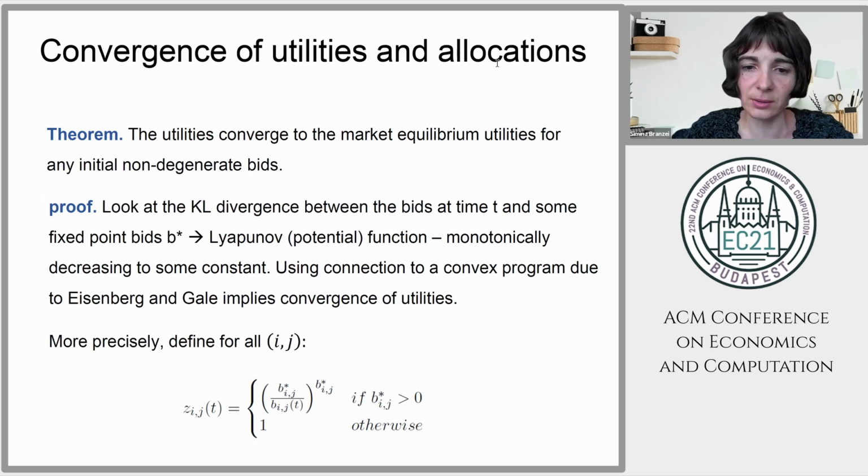So basically, to briefly explain what we defined, we defined some terms z_ij of t, which will be b_ij star divided by b_ij of t, and everything to the power b_ij star, where b_ij star is the spending of player i on good j in the market equilibrium. This is if the player spends anything on good j. If it doesn't, then the term is defined as 1.